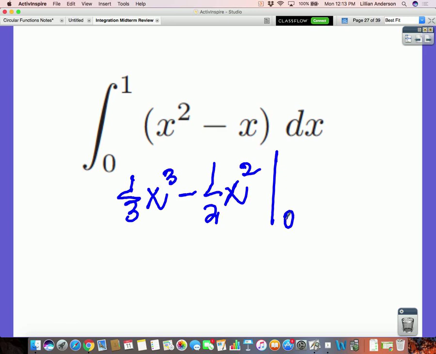And then you would evaluate that from 0 to 1. What number do we plug in first? You plug in 1 first, so that'll be 1/3 minus 1/2. And then you subtract what you get when you plug in your bottom bound, which is 0. So then you get your answer, which is 1/6.